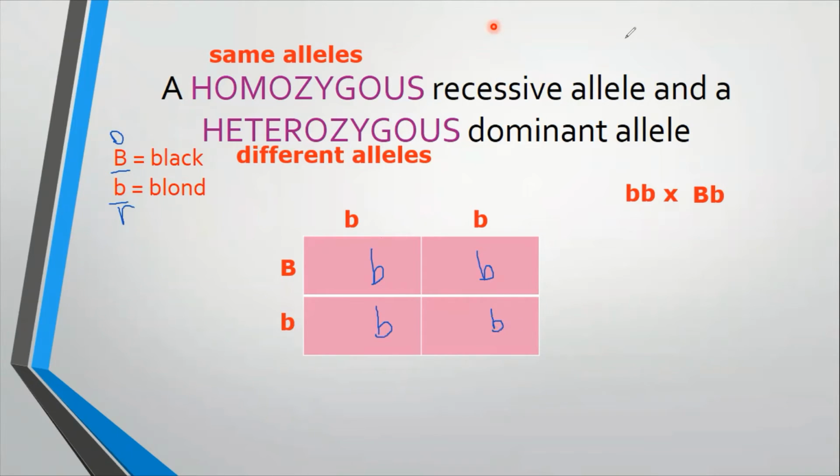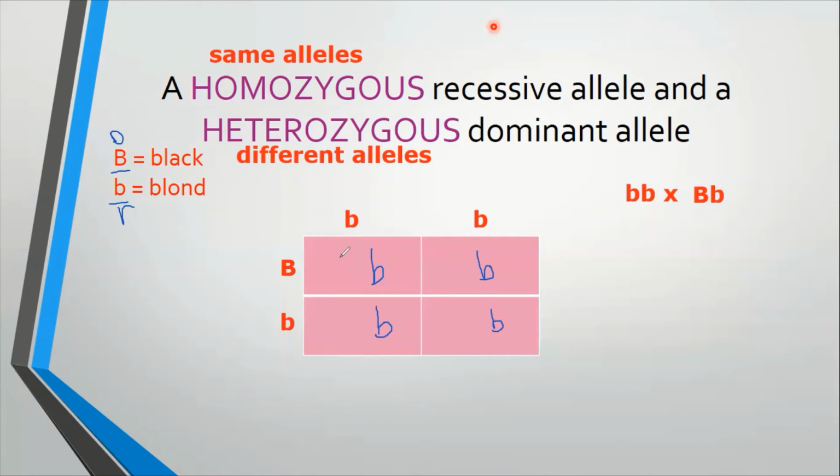Then here, we'll add the female's alleles here, and this here, this here. So now let's remove the arrows so it is not confusing.